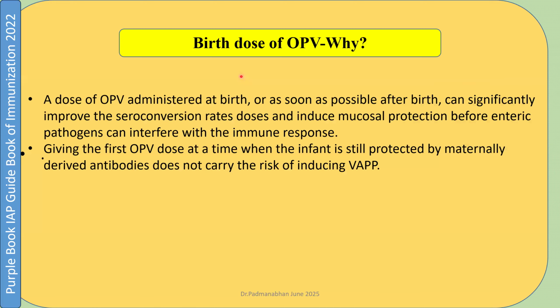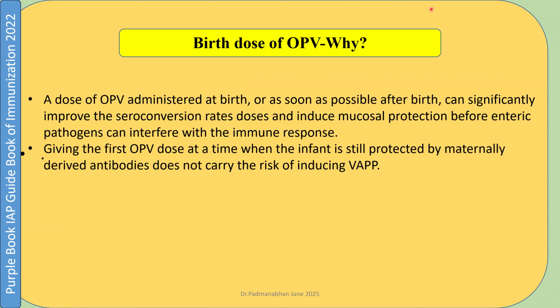Herd immunity. Okay, can you see it? You read it now. A birth dose of OPV, a dose of OPV administered at birth or as soon as possible after birth, can significantly improve the seroconversion rate and induce mucosal protection before enteric pathogens can interfere with the immune response.